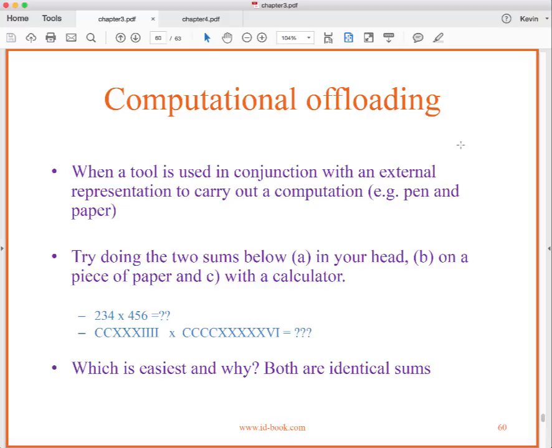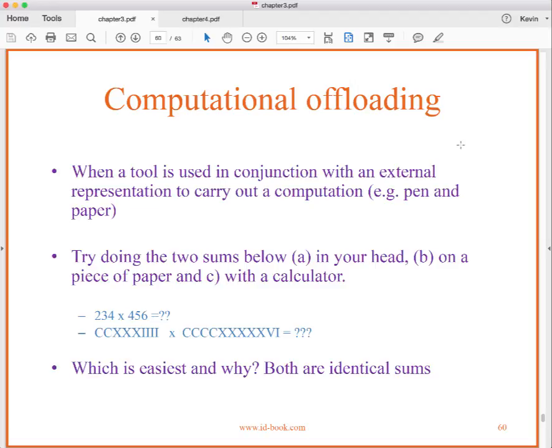Take that calculator app that's part of the accessories on your laptop, and you click on 2, then 3, then 4, and then the X for times, then 4, then 5, then 6, and then the equal. Well, what's to keep you from creating one in which you can click on a C, an X, an X, an X, an I, an I, an I, an I? Nothing to keep you from doing that.